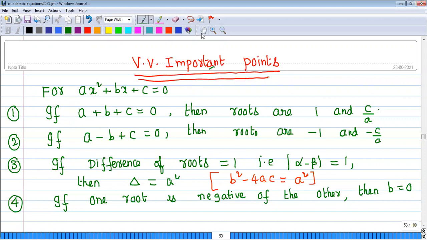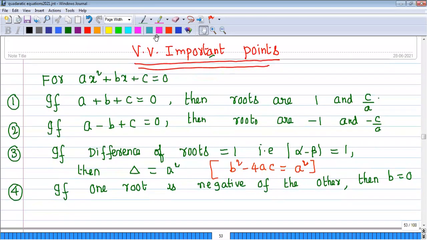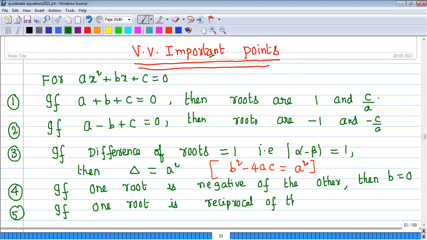So now the fifth point, no doubt. If one root is reciprocal of the other, then c is equal to a.